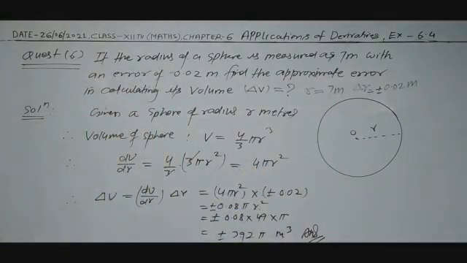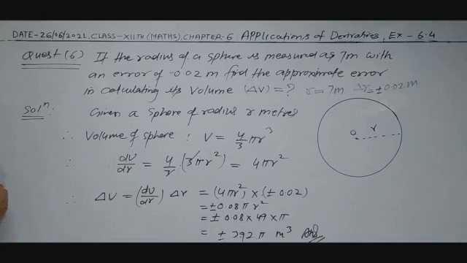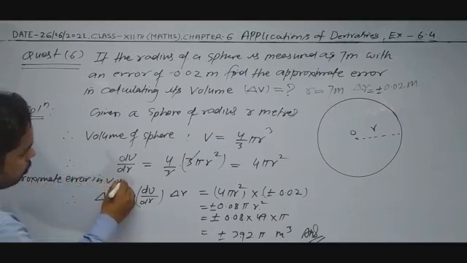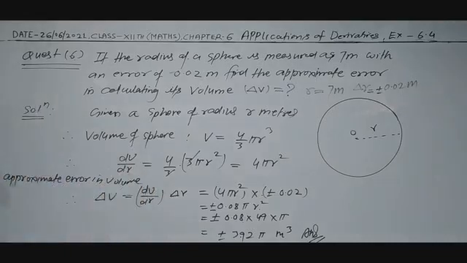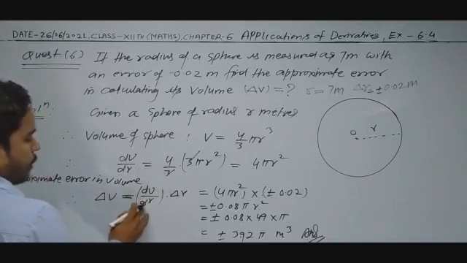So 4 pi r square is dV by dr. Now del V, this is the approximate error in volume, that is del V is equal to dV by dr into del r.